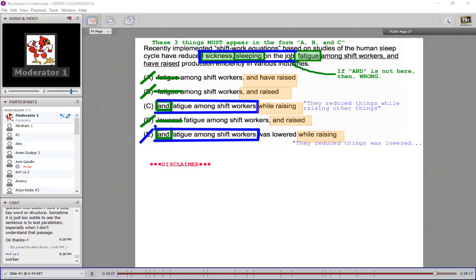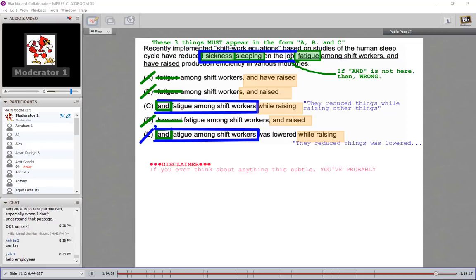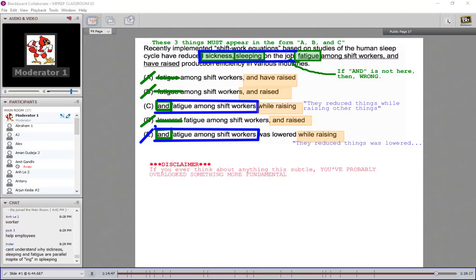But disclaimer: if you are ever thinking about anything this subtle, you probably overlooked something that is much less subtle. But nonetheless, we can talk about it for like 45 seconds. Anything below this line, you're not going to need for these problems. But let me just tell you what's happening there anyway.